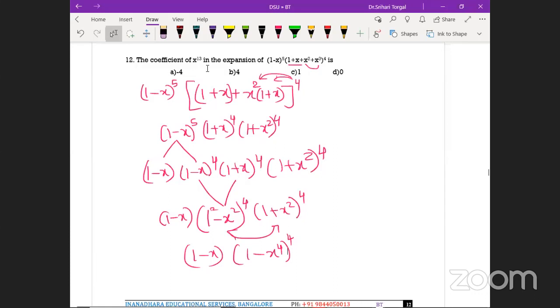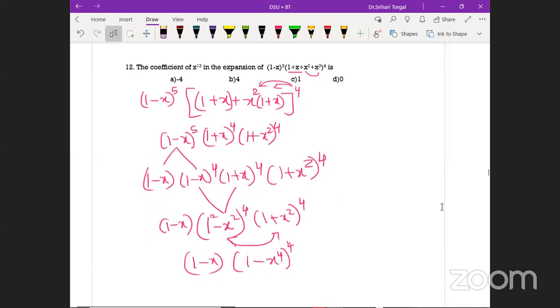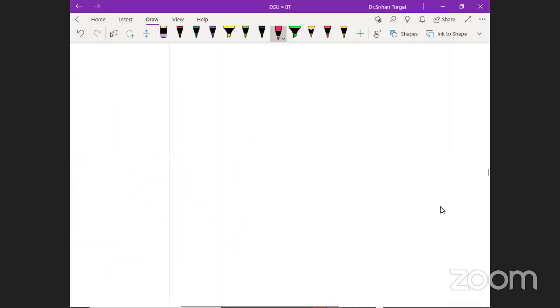Now they want the coefficient of x power 13. For that we have to expand. See here how to expand the term. If you want to expand (1 + x)^4, you just need to write this: 1; 1 1; 1 2 1; 1 3 3 1; 1 4 6 4 1.